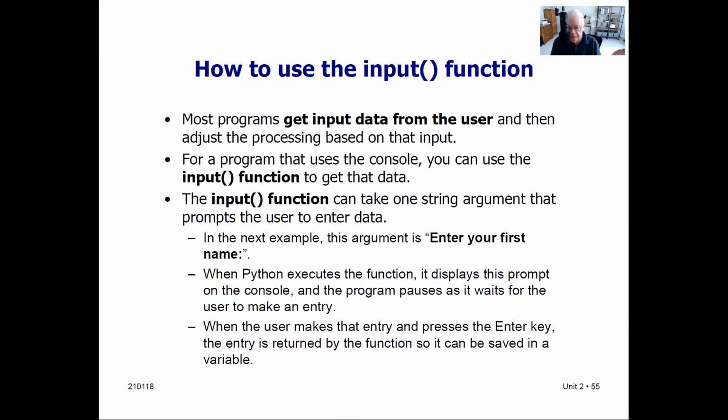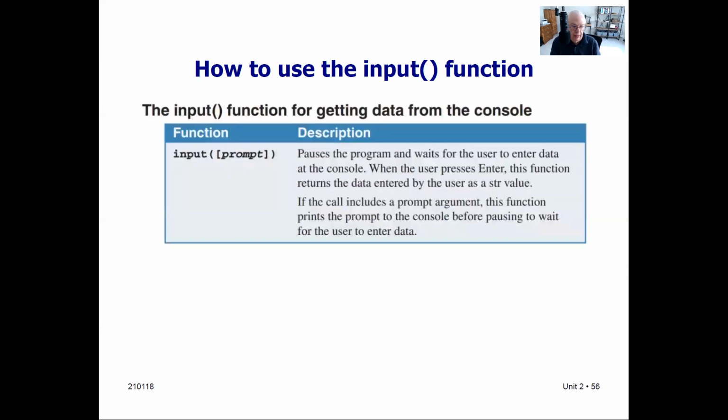But without anything between the parens as the argument in the input function, there's nothing on the screen to tell the user what to do. Just realize that. Then if you put something inside the parens, it will be a prompt to the user. And normally it's a string, so you're going to put it inside quotation marks. And we have a bunch of examples of that.